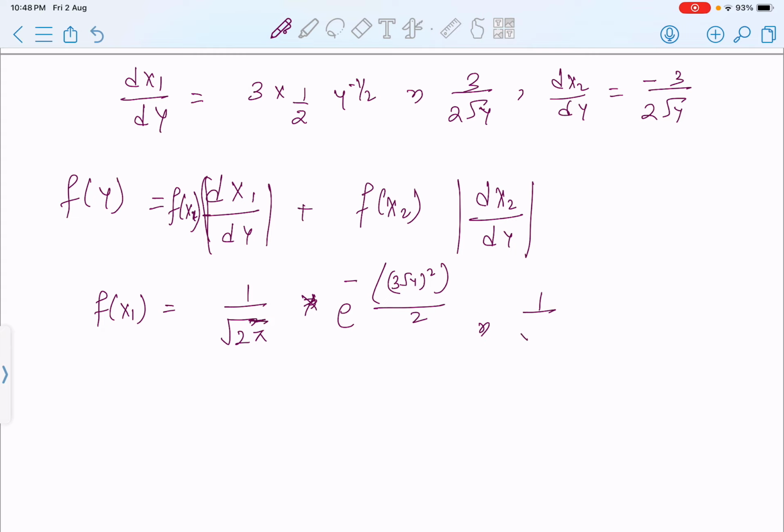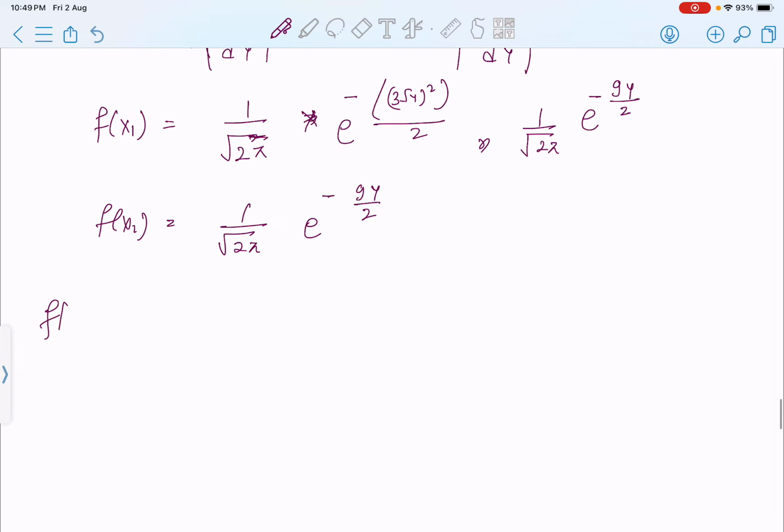What will be 1 upon root 2 pi e to the power minus 9y upon 2, correct? And then what will be f of x2? It will be similarly 1 upon root 2 pi e to the power minus, again it will be squared, so it becomes the same 9y by 2. So what will become f of y?